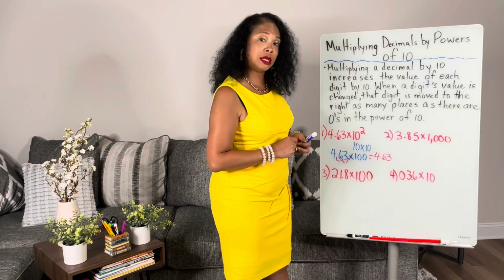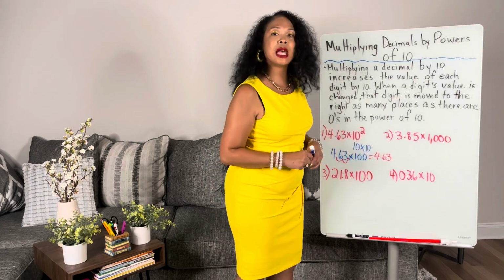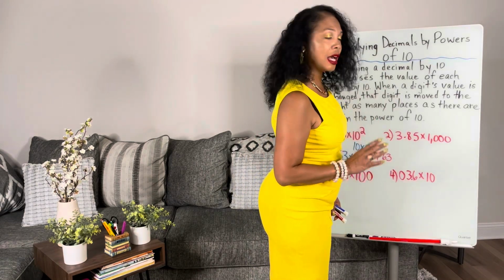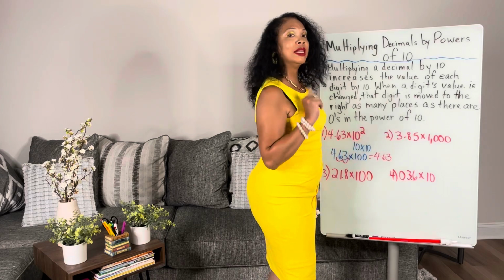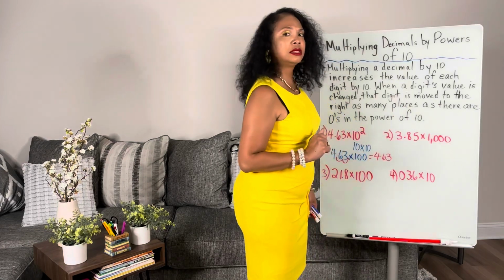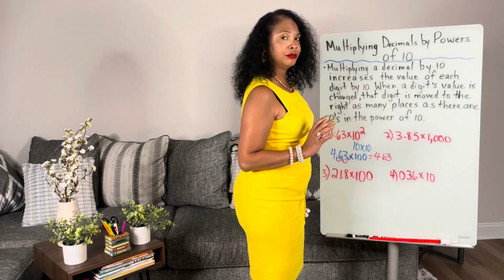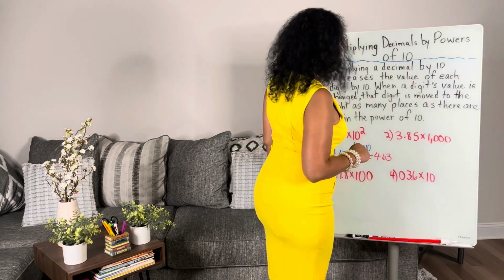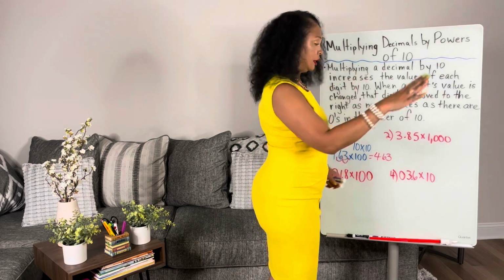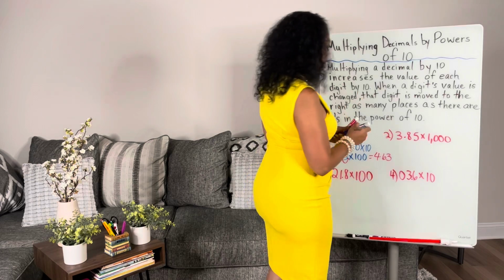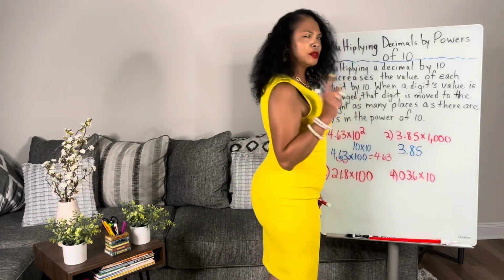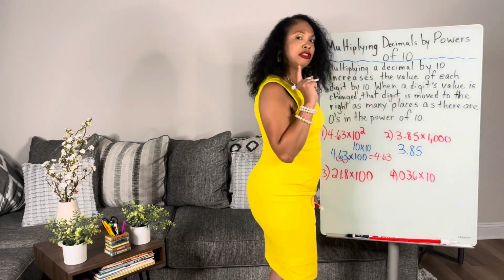Let's try another example. Let's go over here to example number 2. We have 3 and 85 hundredths times 1,000. Now let's look at our 1,000. How many zeros do we have in that number? That's right, we have 3 zeros in that number. That will tell you how many times we have to move our decimal point to the right. Okay, so I'm going to write the number 3 and 85 hundredths, and let's move the decimal point to the right 3 times.